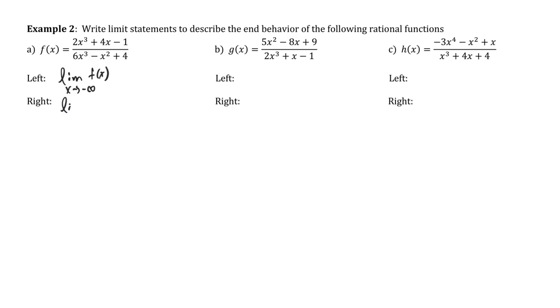And the other one will be the limit as x approaches positive infinity. Put our f of x. We want to know, what is it doing? All right. Well, those cancel out, so I end up getting f of x, or y, equals 1/3. So as I go to the left, I level out at 1/3. As I go to the right, I level out at 1/3. That's how you write a horizontal asymptote in a higher level form as you move forward, okay?